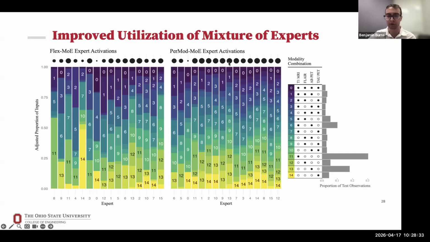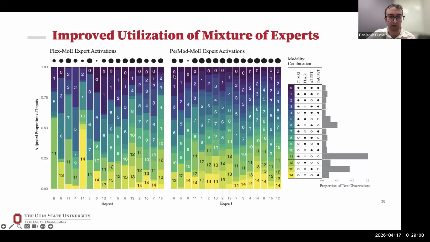Now, the dots above each of these columns indicate the relative frequency of activation of each of these experts, where a larger dot indicates more frequent activation of an expert, and a smaller dot indicates less frequent. And finally, the different colored segments of each of these columns indicate the distribution of the modality combinations that are being passed as input to these experts.